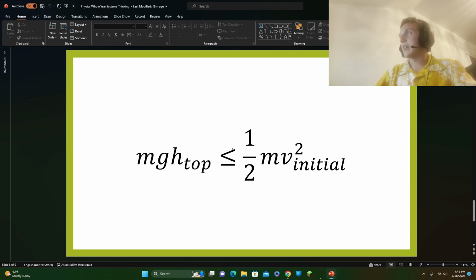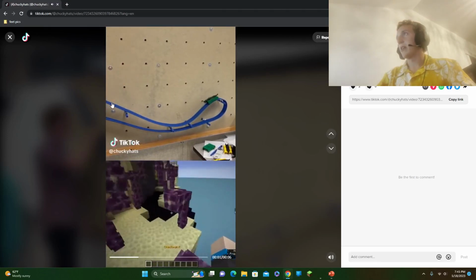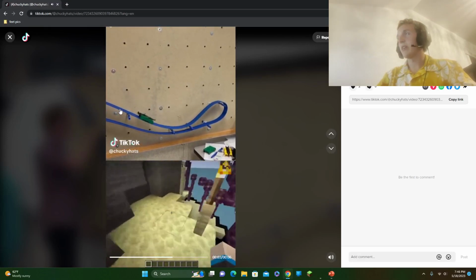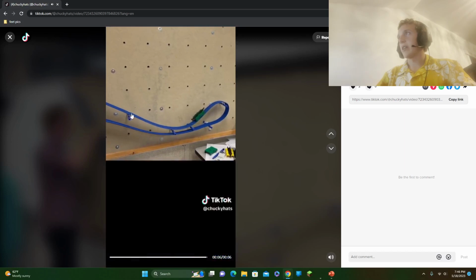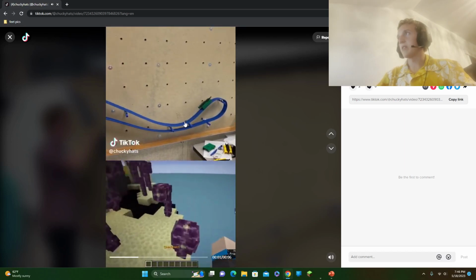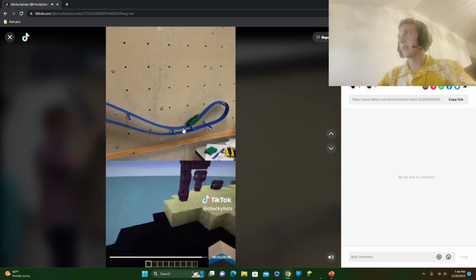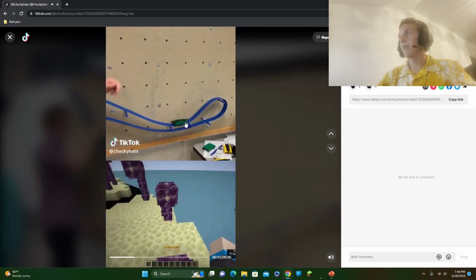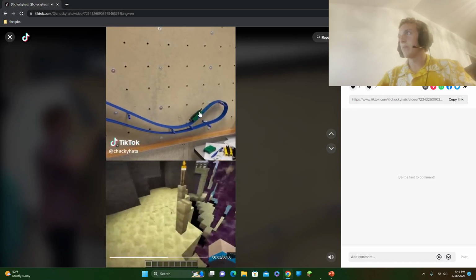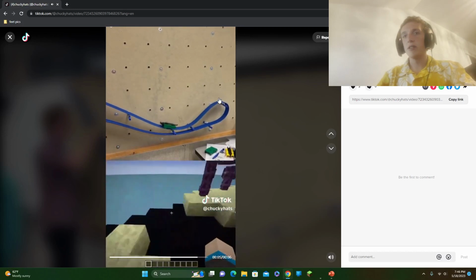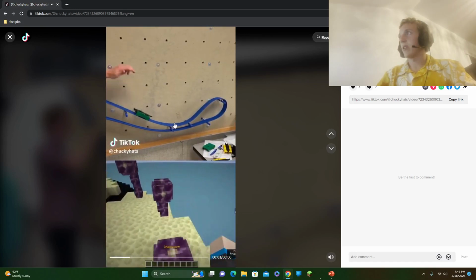And that has to be greater than or equal to the mass times gravity times the height at the top of the hill. So the initial height would be here, and the kinetic energy accumulates to here. To get over the hill at this point, the kinetic energy would have to be more than the potential energy up here, so the cart can get over it.